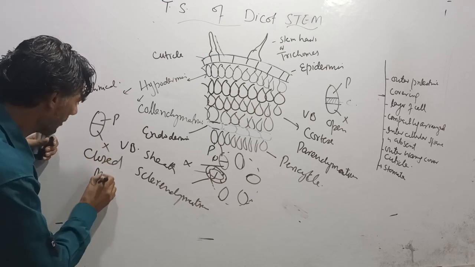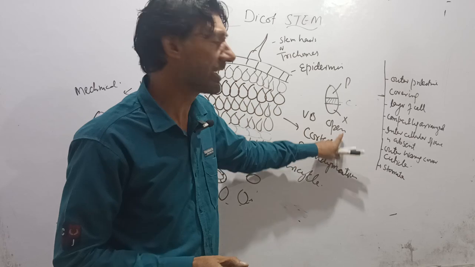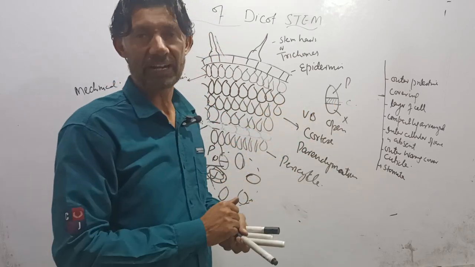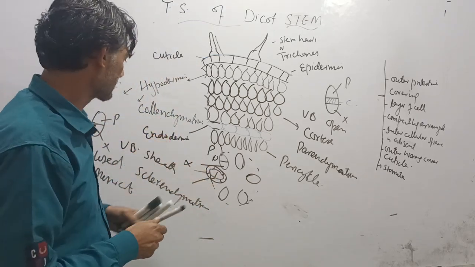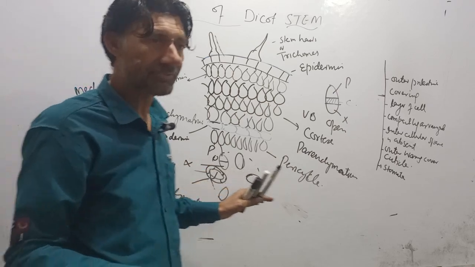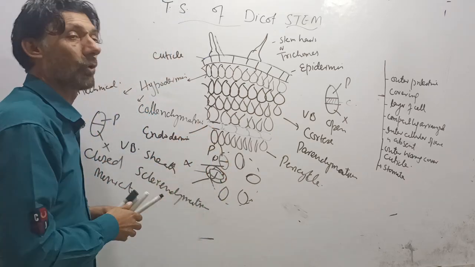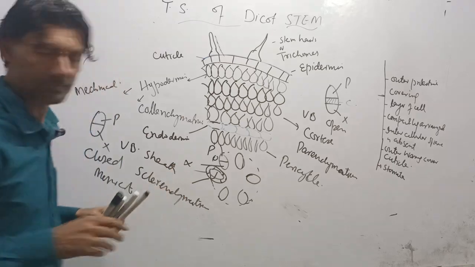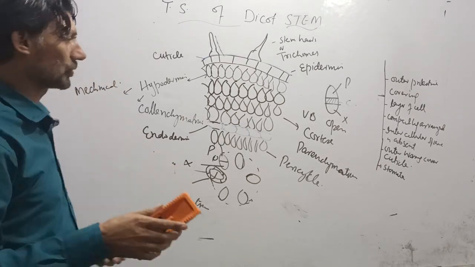In dicots it is called open because cambium is present between the elements, giving secondary growth. So the vascular bundle in dicots has two features: number one, a ring pattern; number two, it is open due to the presence of cambium.